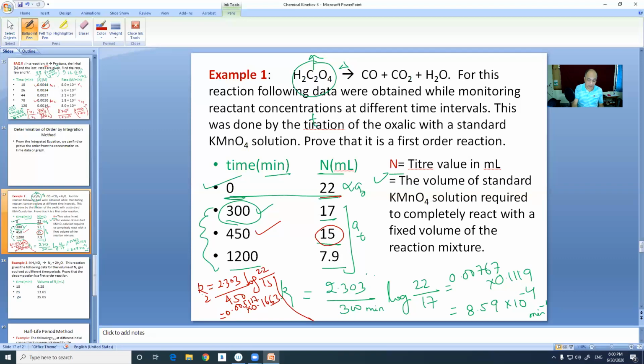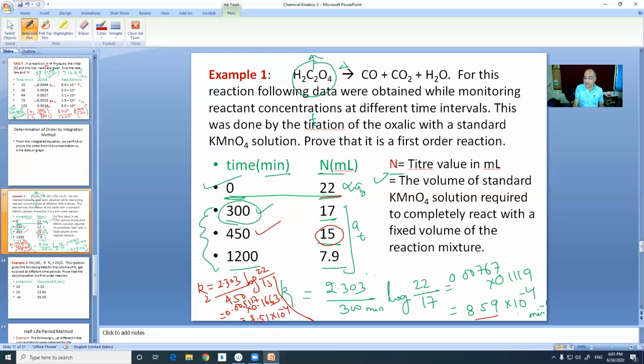Always take at least 3 significant digits. I have taken 4. 2 zeros into 0.1663. It is coming almost the same. It is coming 8.51 into 10 to the power minus 4.